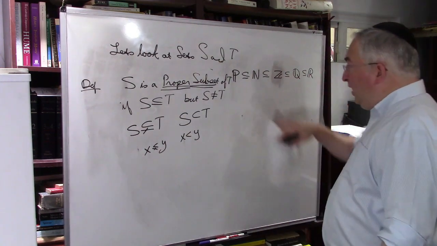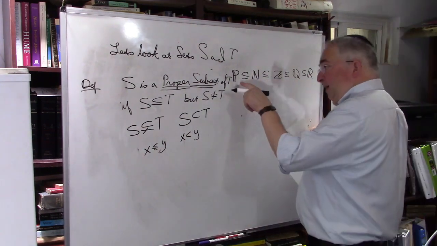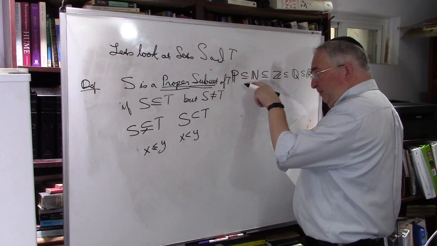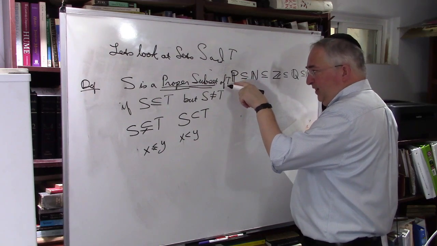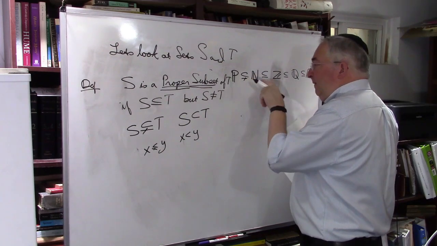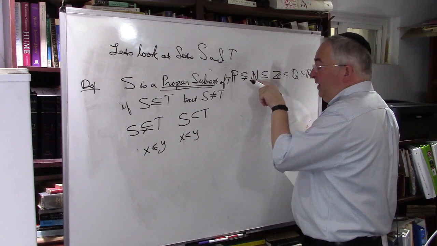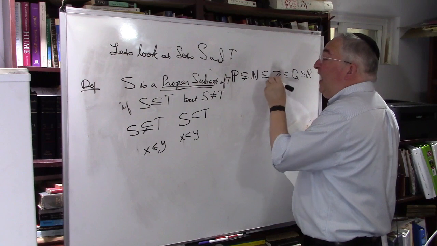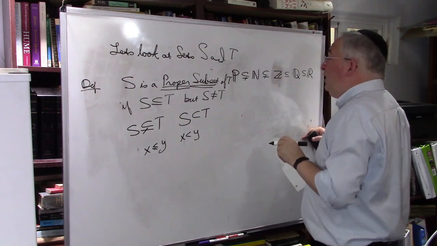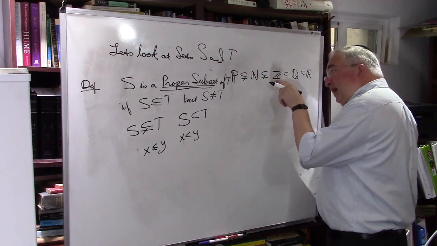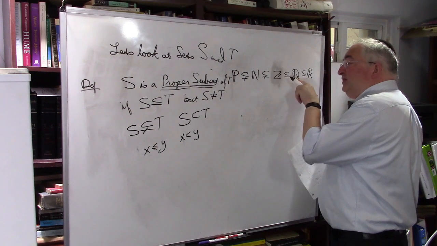Now going back to these sets, P is a proper subset of N because P doesn't have 0, N has 0. This has the natural numbers, this has the positive whole numbers, this has the positive and negative whole numbers, so this is more. This has the positive and negative whole numbers, but it doesn't have fractions.